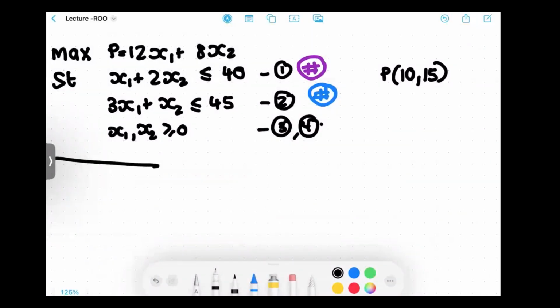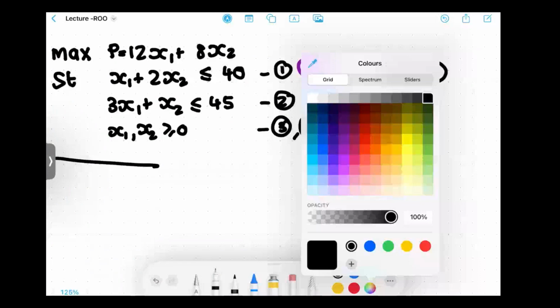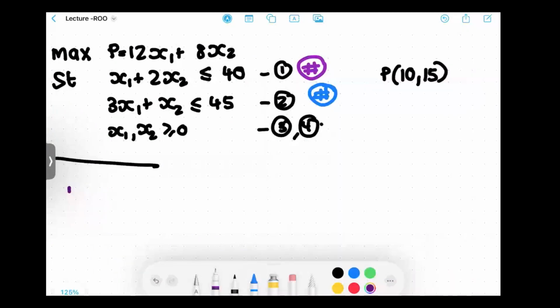Let's do the first one. Equation 1, which is x1 plus 2x2 less than or equal to 40. I'm going to leave it as x1 and x2 so that you can recognize that we can use other values for our variables, but just follow the same process.